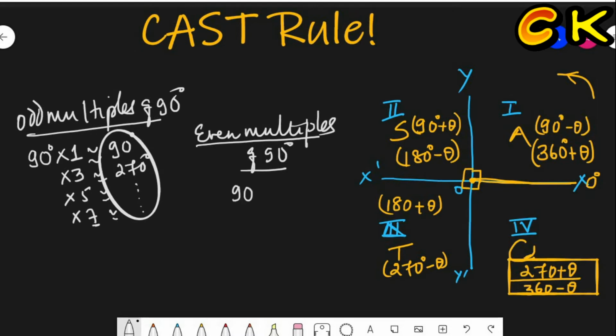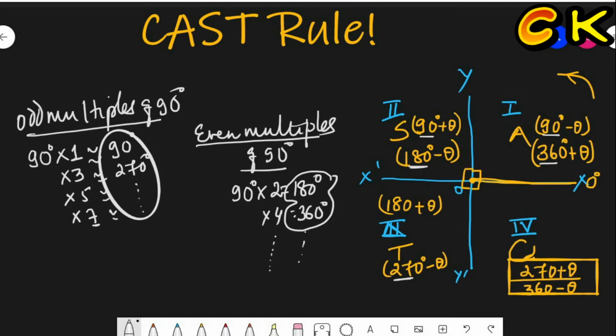Similarly, if we multiply 90 degrees by even numbers, that is 2, 4, 6, 8 and so on, we get 180 degrees, 360 degrees and so on. These angles are called even multiples of 90 degrees. So 90 degrees is an odd multiple of 90, whereas 180 degrees is an even multiple of 90. Similarly, 270 degrees is an odd multiple of 90 degrees. That you must be clear about.